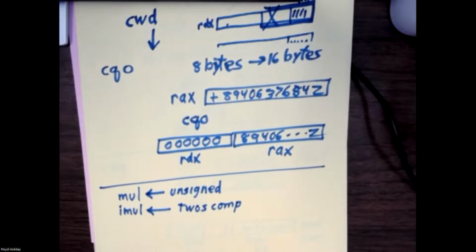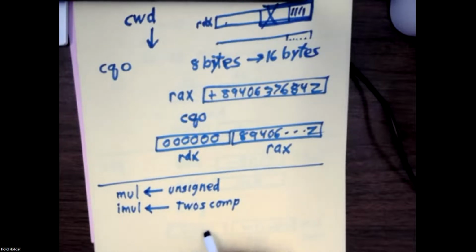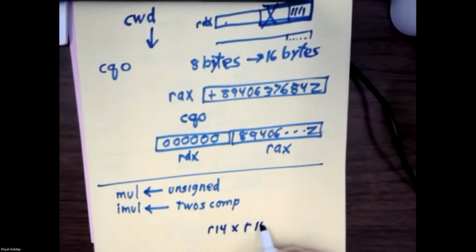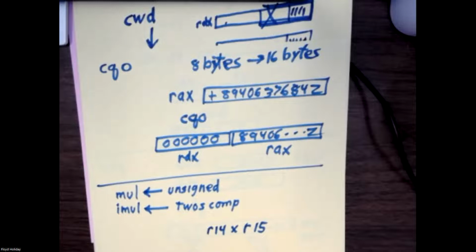Okay, so if you're going to multiply two very large integers, suppose you want to multiply R14 times R15, and both numbers are like 16 trillion or more. Both of them have 18 decimal digits in each of them, or 64 binary bits in both numbers.